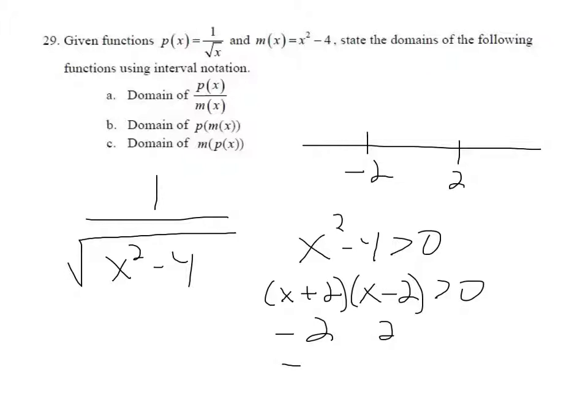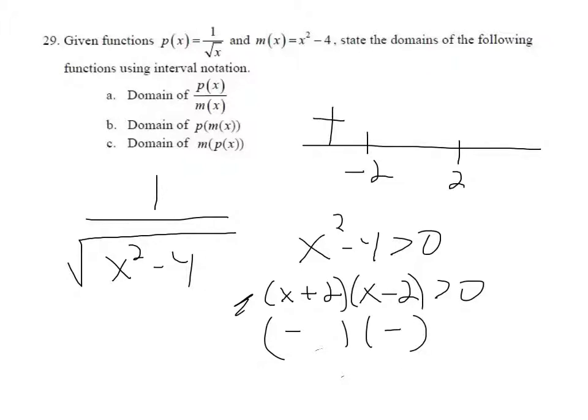If it was negative 10, that would be negative 8. See, I'm just plugging them back into my function right here. And I should write that more clearly. Okay, so if I substitute in negative 10, I get a negative number. If I substitute in negative 10 here, I get a negative number. And negative times a negative is a positive.